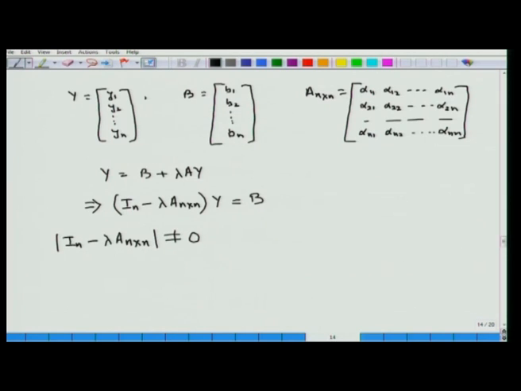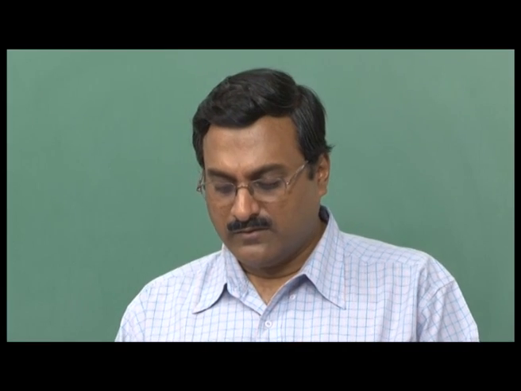That we will be discussing in the next lecture. But the point is that if we are able to find some values of lambda such that this determinant is non-zero, then we can find a unique solution for this system of linear equations.